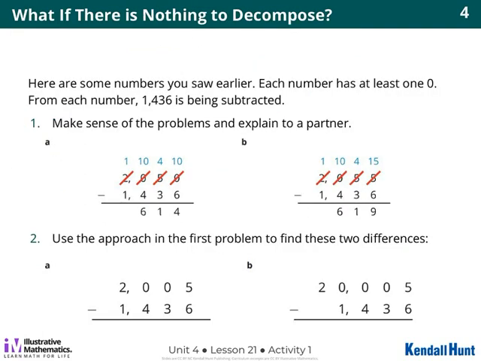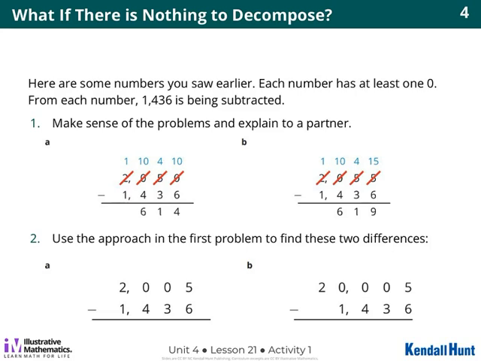All right. We're going to look at activity 1. Is this what's in your book? Yes. Okay, perfect. So here are some numbers that you saw earlier. Each number has at least 1 zero. From each number, 1,436 is being subtracted. For number 1, it says make sense of the problems and explain to a partner.